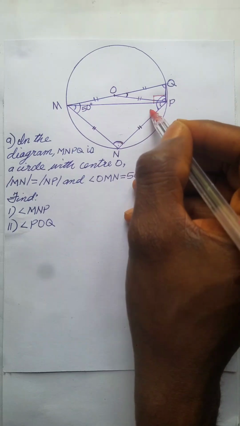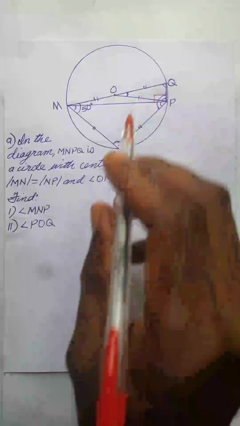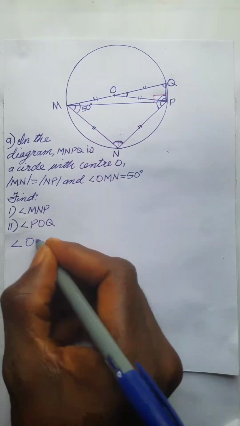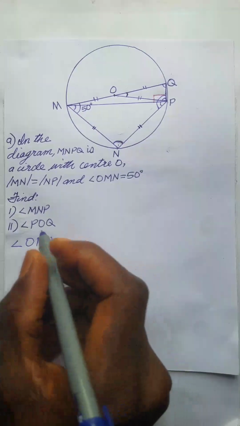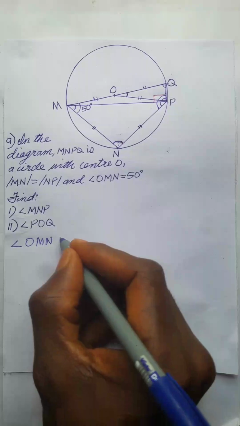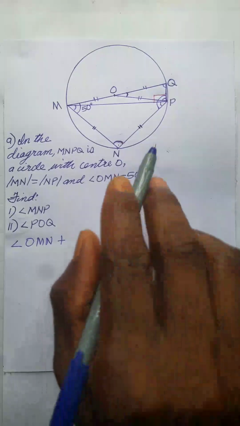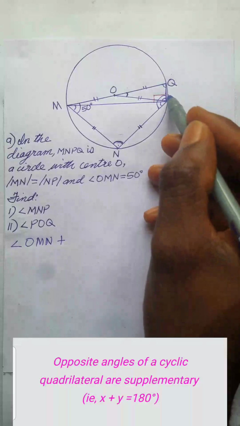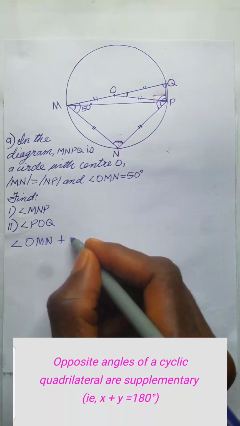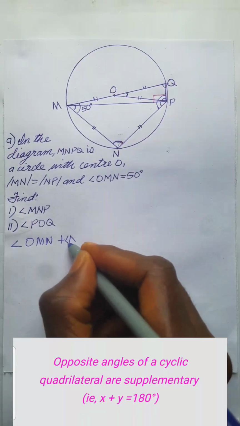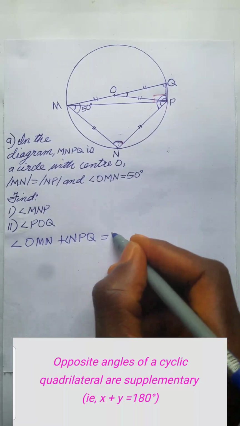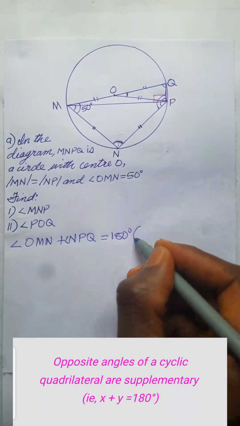So let's begin. Angle OMN, if I add that to angle NPQ, that is this entire angle, I should have 180 degrees. Why?